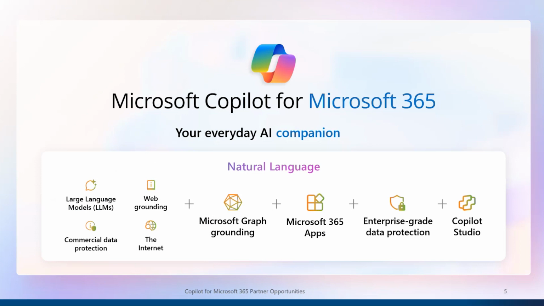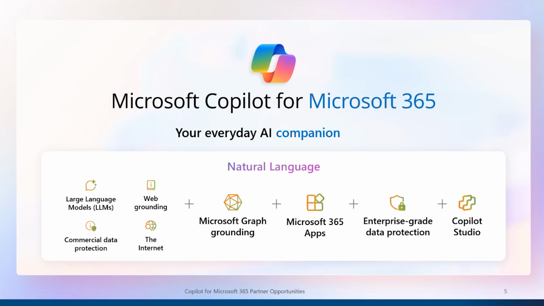So here's the whole package you get when you choose Copilot for Microsoft 365. Basically, your everyday assistant. You get productivity in the various Microsoft 365 apps using your data, obviously protected, and also with the data available on the internet.